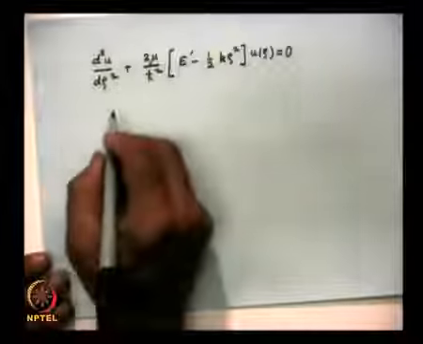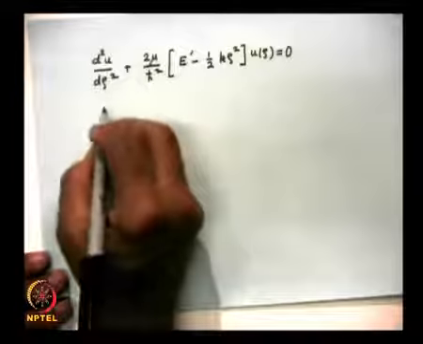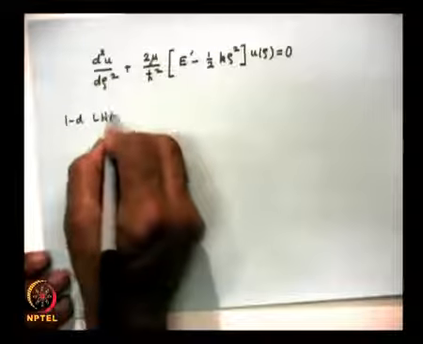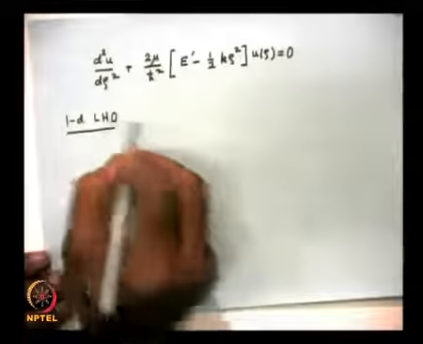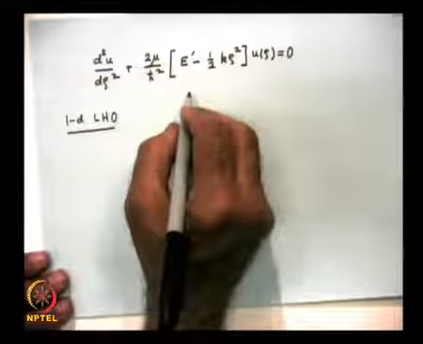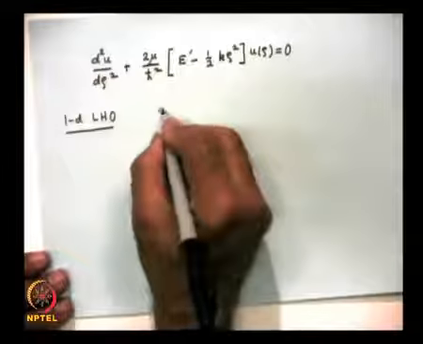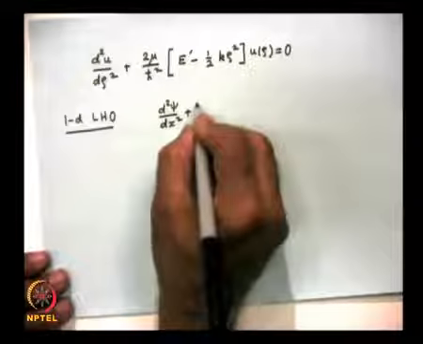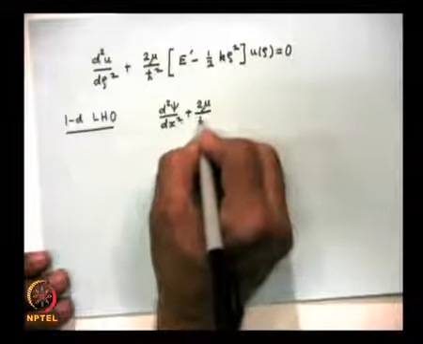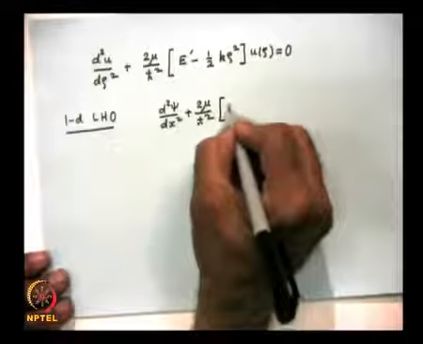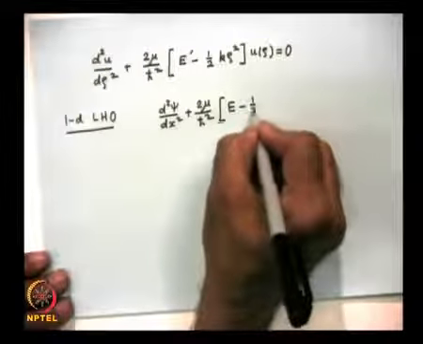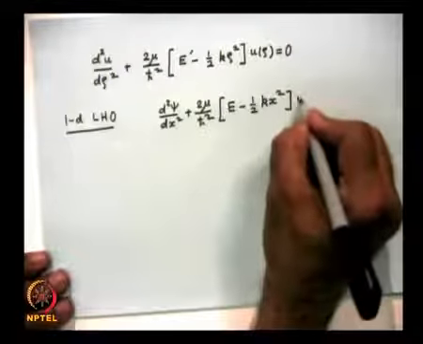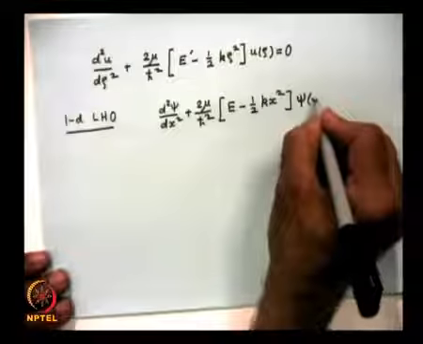Now, if you recall, when we solved the one dimensional linear harmonic oscillator problem, we had d2 psi by dx square plus 2 mu by h cross square times E minus half k x square, times psi of x, is equal to 0.